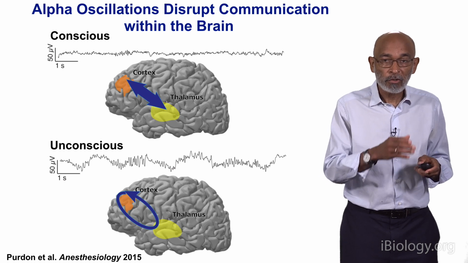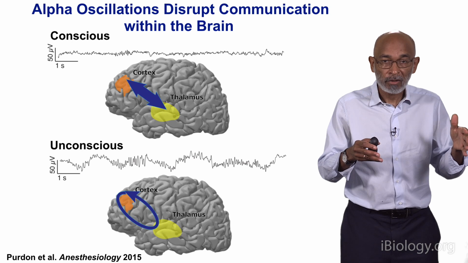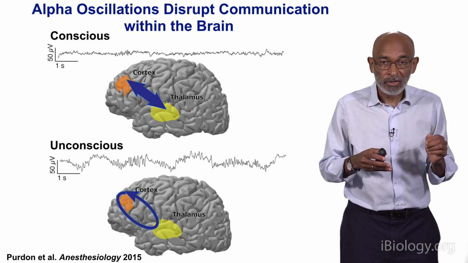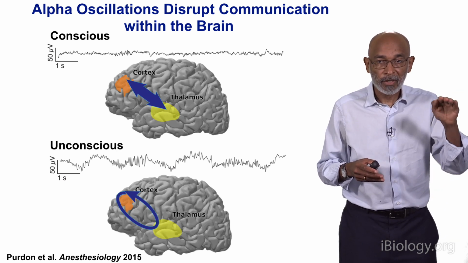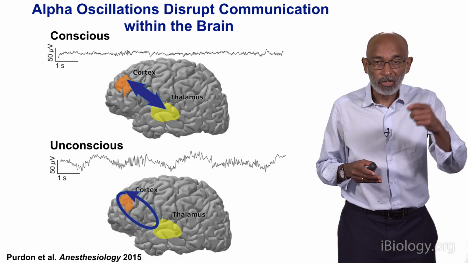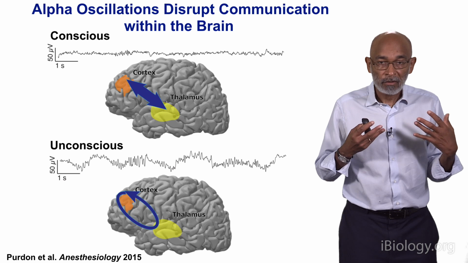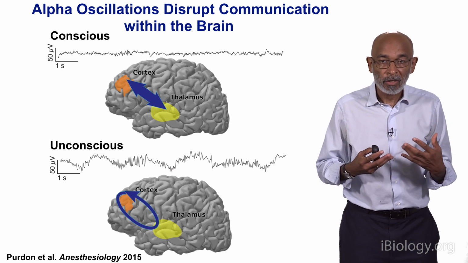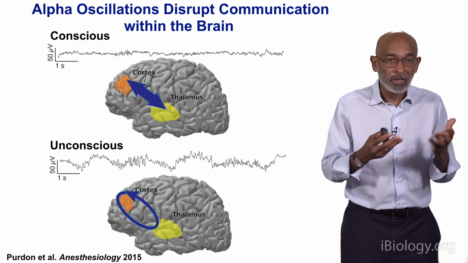So if you should be communicating in a broadband fashion to have consciousness, and all of a sudden the oscillations come in at a regular 10 Hz cycle, it's going to disrupt the ability for these two parts of the brain to communicate and put you in a state where the parts of the brain wouldn't be able to exchange information, hence unconsciousness.